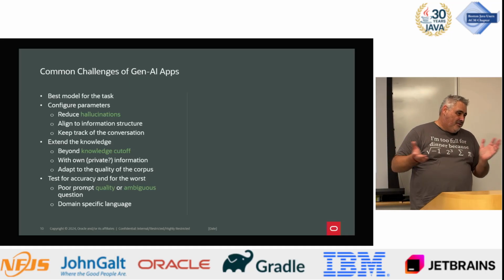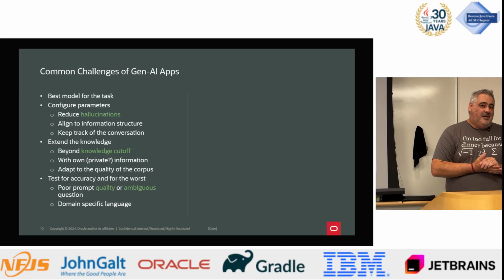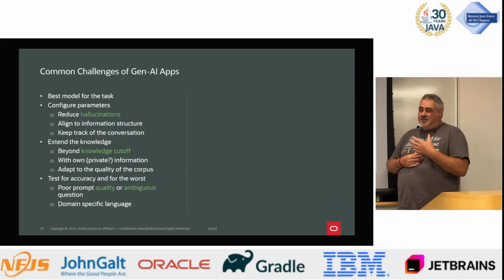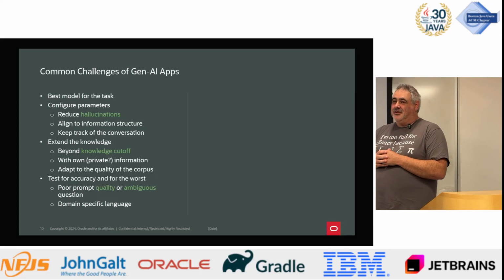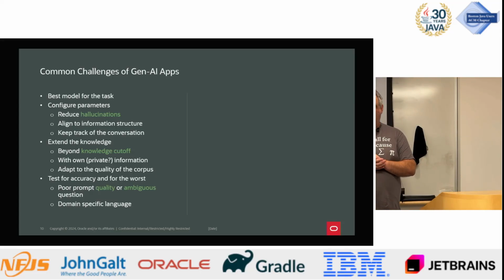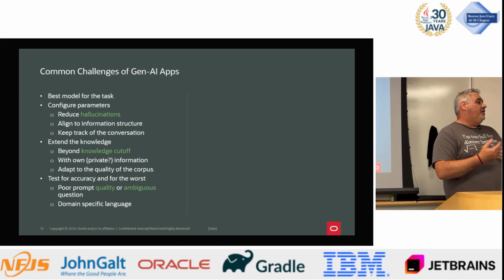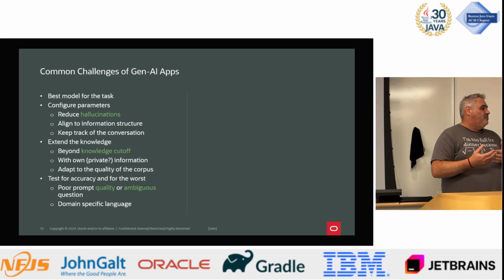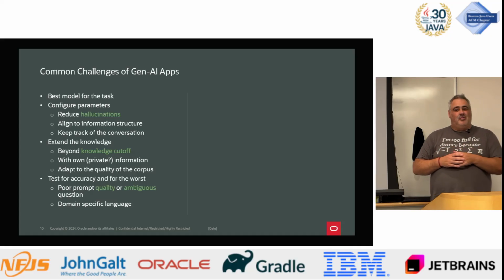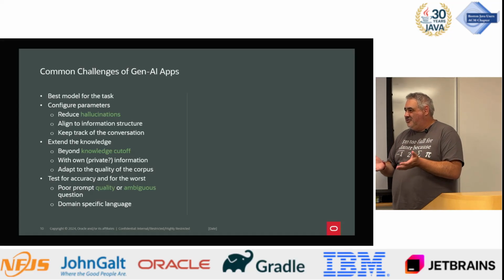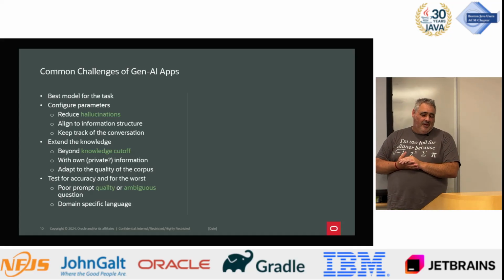So the quality of the question that is asked has a big impact on the performance of the model as well. There are techniques we'll talk about later, like rewriting the question for the user to make it more specific, or guessing what they're really trying to ask about.